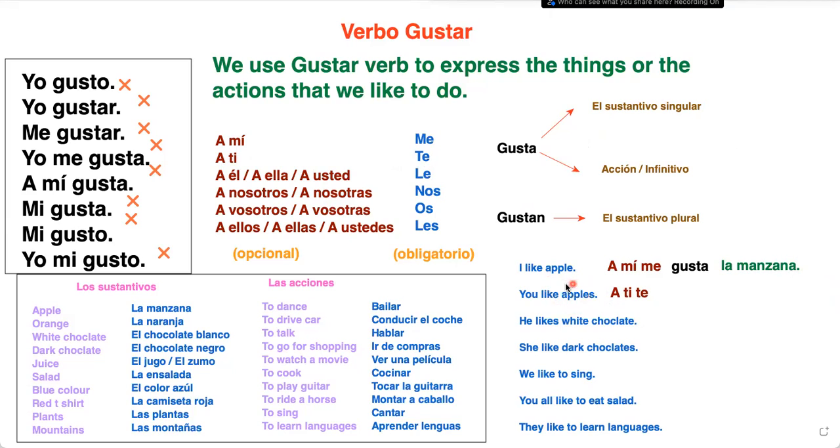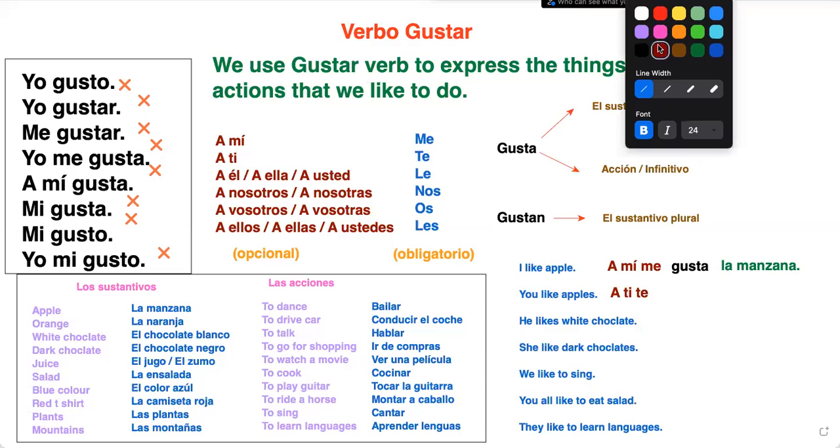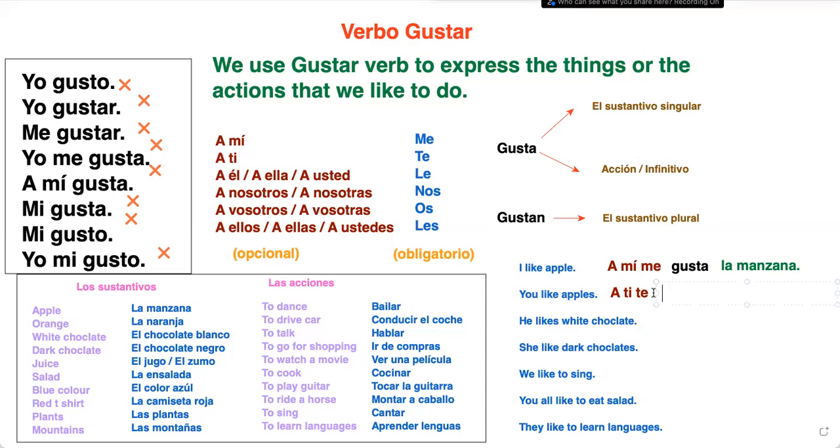I look at the object. Is it singular or plural? Well, apples, it's plural. So I would use, of course, gustan. And I will also convert the object to plural. Like here, I wrote la manzana. Now, because it's plural, I will just add s. Las manzanas. That's it.